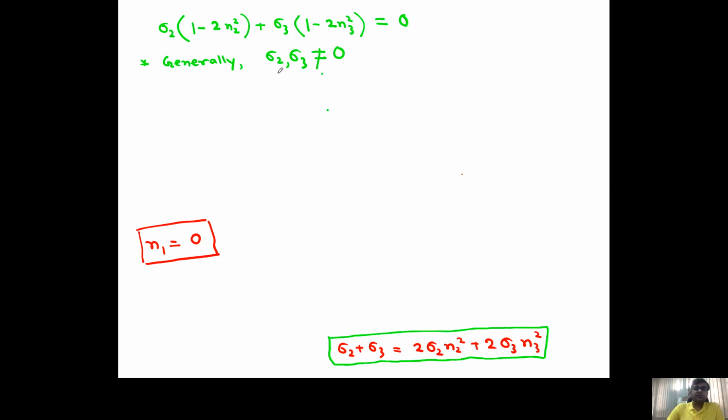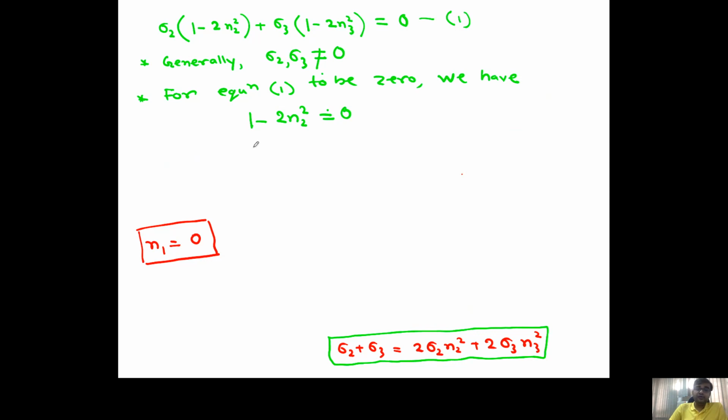So therefore, for equation 1 to be 0, we must have 1 minus 2 n2 square equal to 0 and 1 minus 2 n3 square equal to 0. So both of these terms would be equal to 0. Only then will you get a 0 on the right hand side, because sigma 2 and sigma 3 are some arbitrary value.